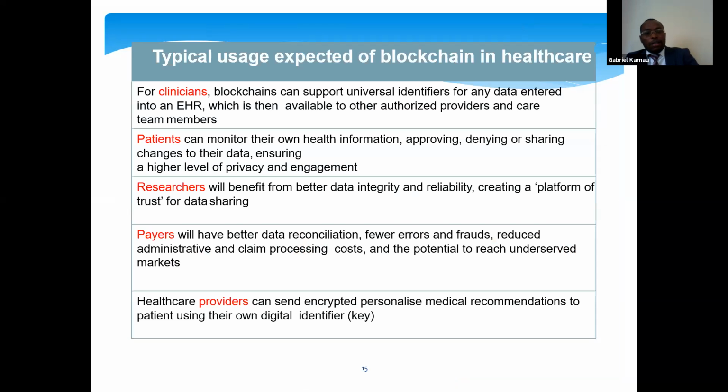And just to give you a highlight, this technology is expected to be used by the different participants in healthcare, starting with the clinicians, whereby blockchain can support a universal identifier for any data entered in our electronic health records.